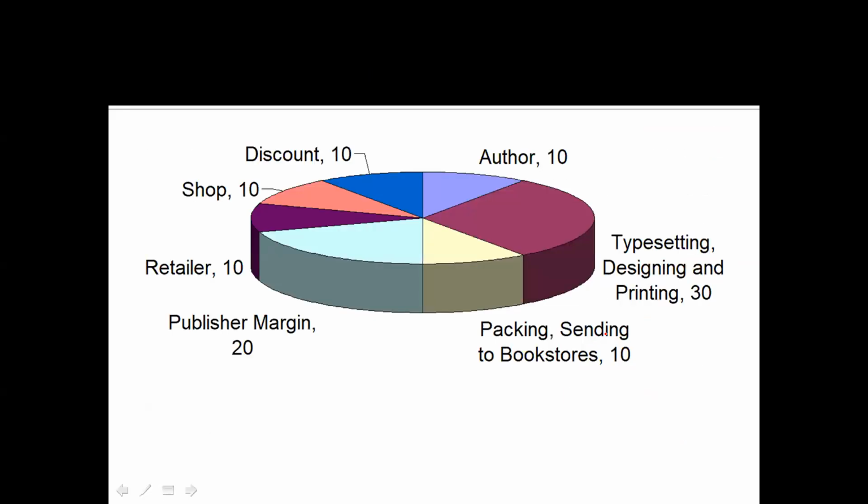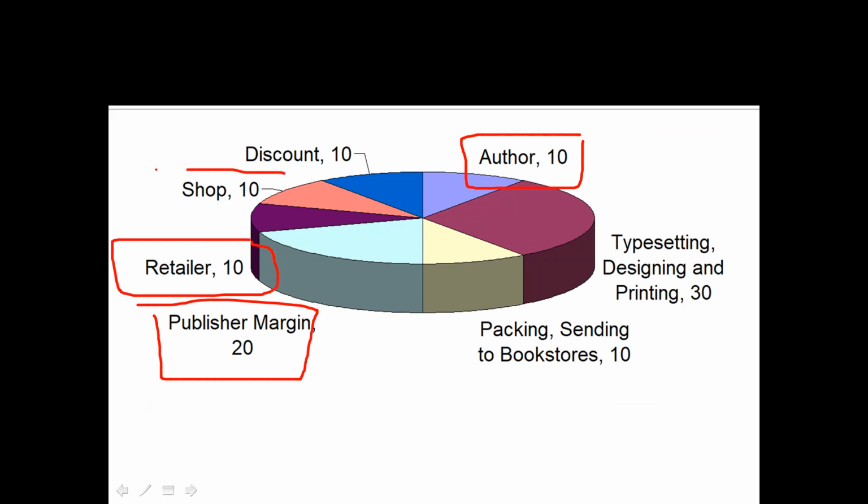So in summary, in the course of a book, everyone has their own margins, right? Now, if you are doing the work of only the author, you get only 10%. If you are doing the work of the publisher, you get another 10%. If you are doing the work of the retailer, you get another 10%.